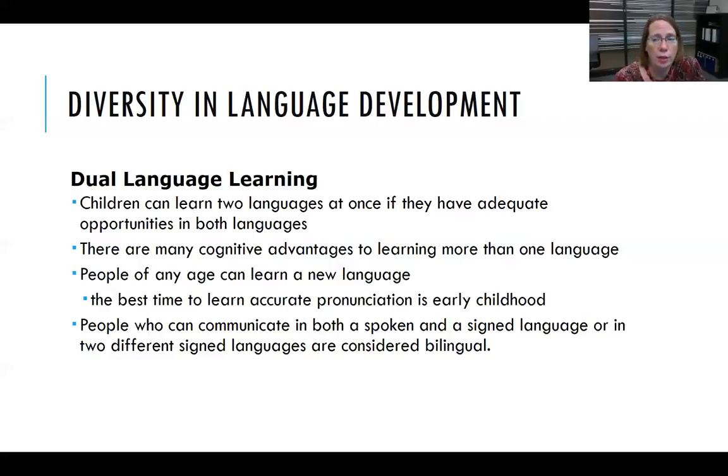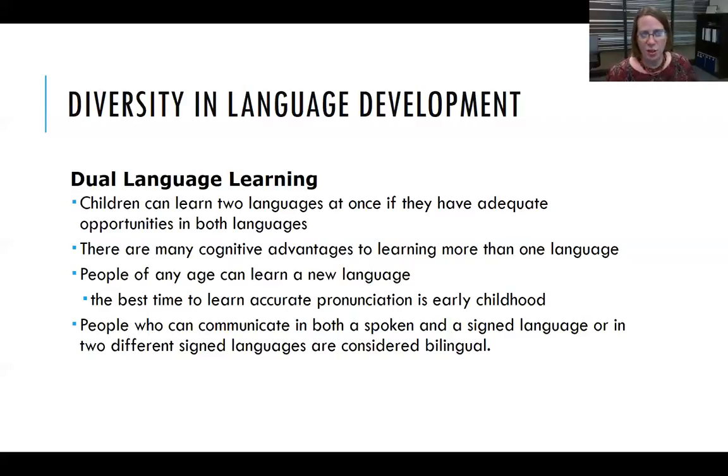And so that child could actually develop both languages at the same time. It's just this exposure. They have exposure to both languages, and so they learn both. And there are many cognitive advantages to learning more than one language. So it's really that you're capturing both sides of a coin, which is pretty incredible.